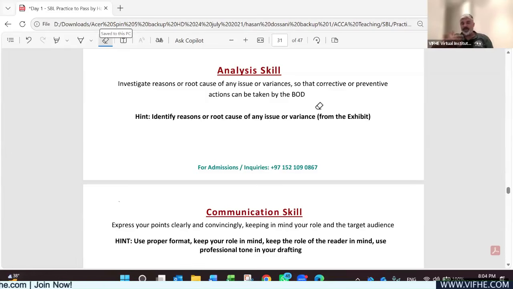So you will explain to the board the reasons, right? So investigating the reason, the root cause, is analysis skills. Whether it's for a bad thing or a good thing doesn't matter. Investigating the reason, the why, is analysis skills.